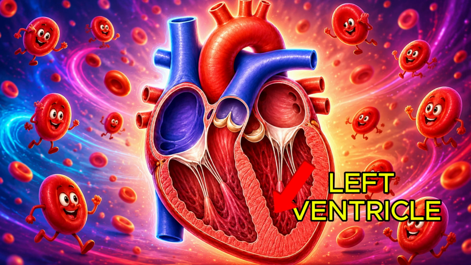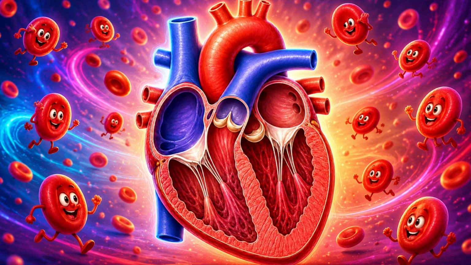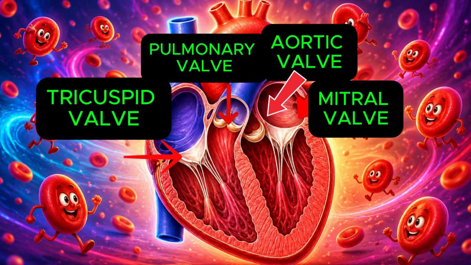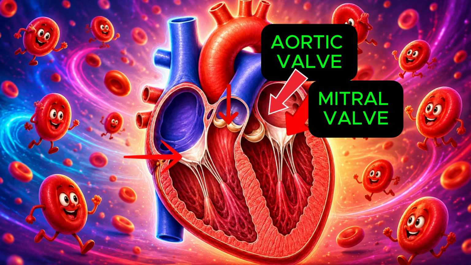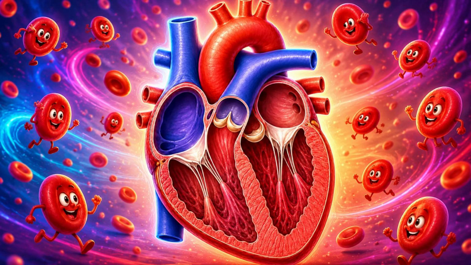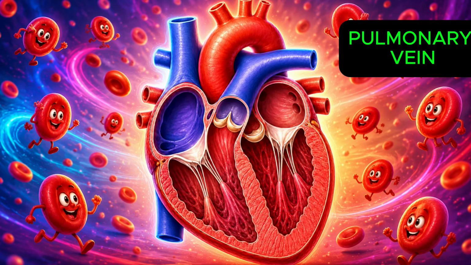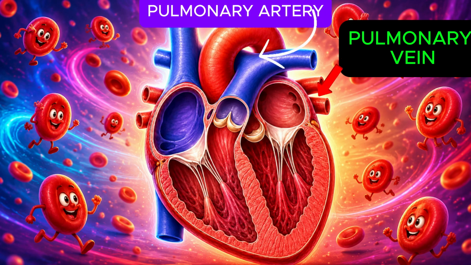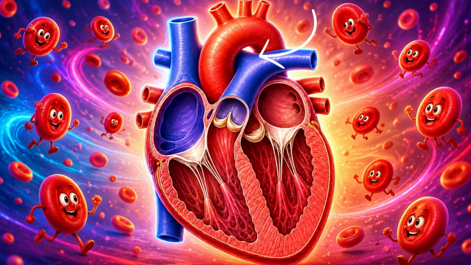Now we have four little gate-like structures, what we call valves: the tricuspid valve, the mitral valve, the pulmonary valve, and the aortic valve. Finally, you have the pulmonary vein and the pulmonary artery, and those two I call the confusion twins. You'll soon find out why I gave them that name.